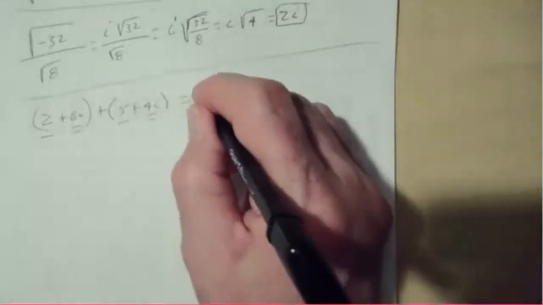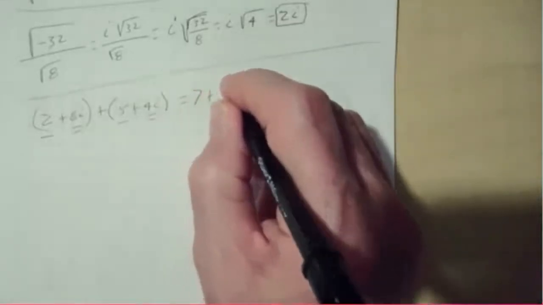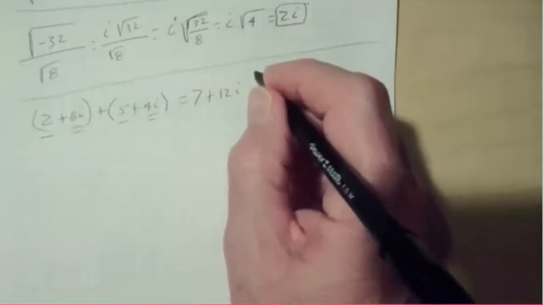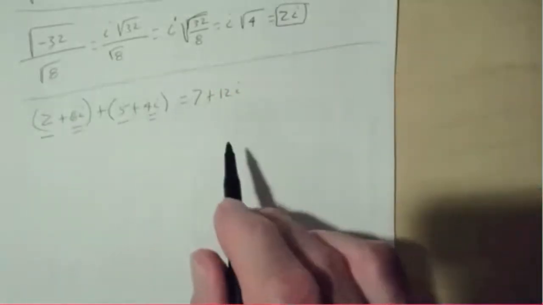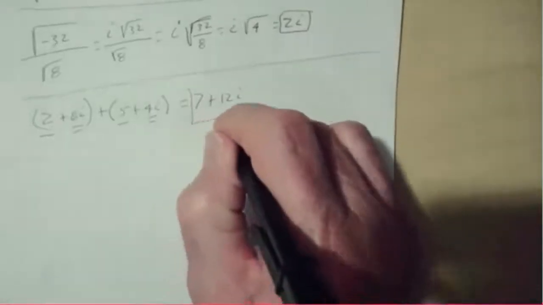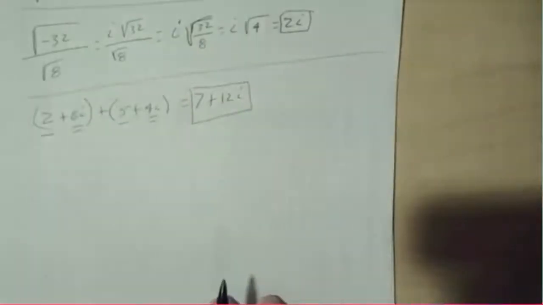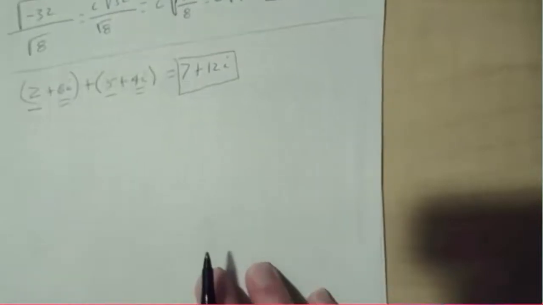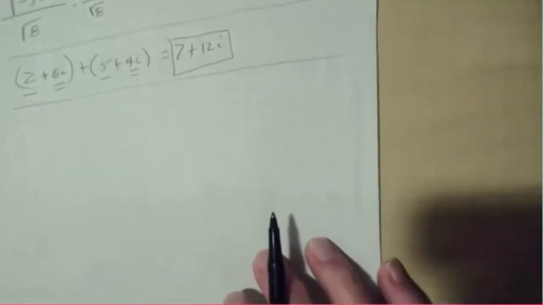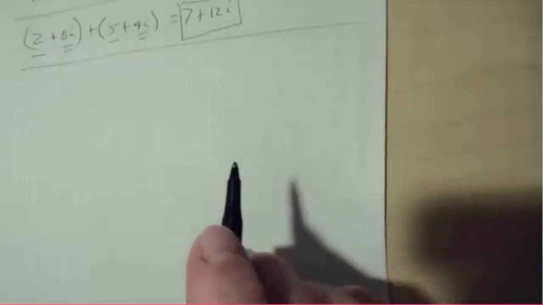Yeah, the 2 and the 5, 8i and 4i. 5 and 2 is 7, plus 12i. Is there anything else we can do here? This is not square root. It's none of that misery. We're just combining like terms there.